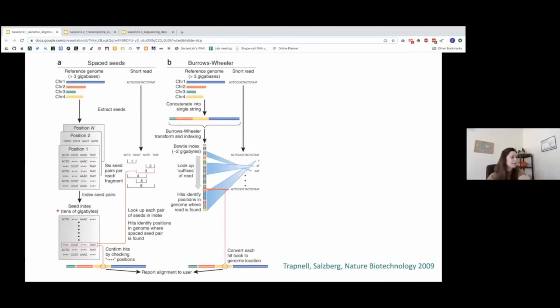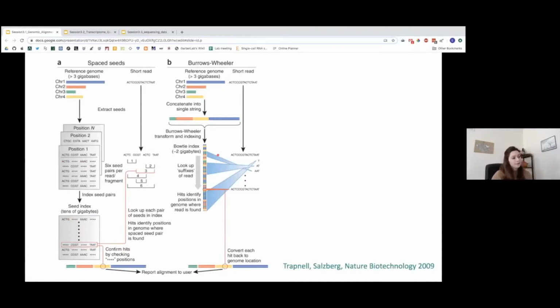So this is a good strategy for alignment, but it takes tens of gigabytes to store the entire human genome in this sort of seed index format. So it's not very memory efficient, and it consumes a lot of resources.